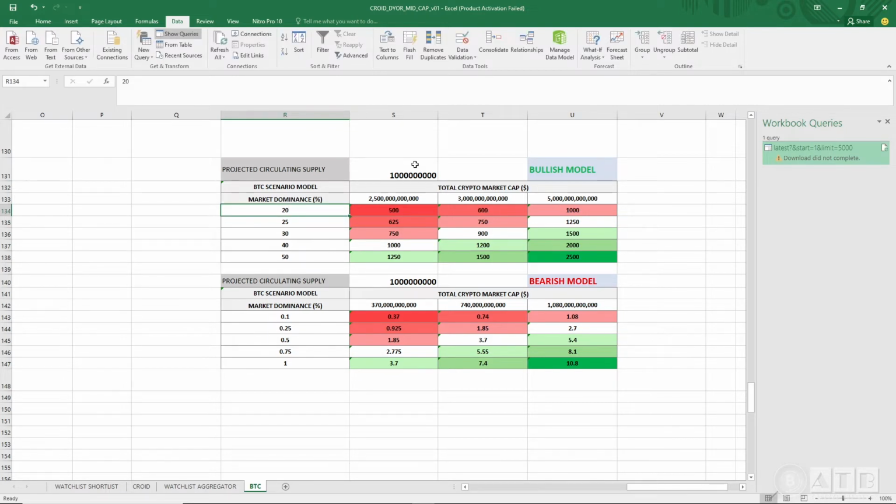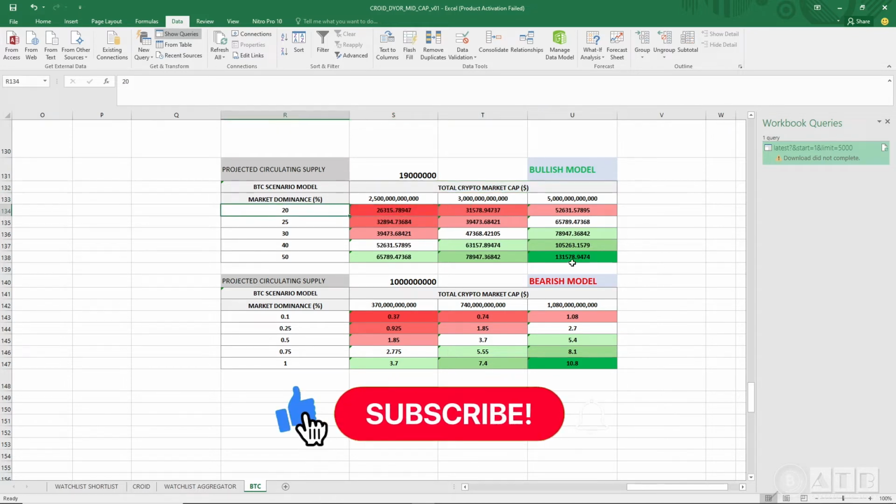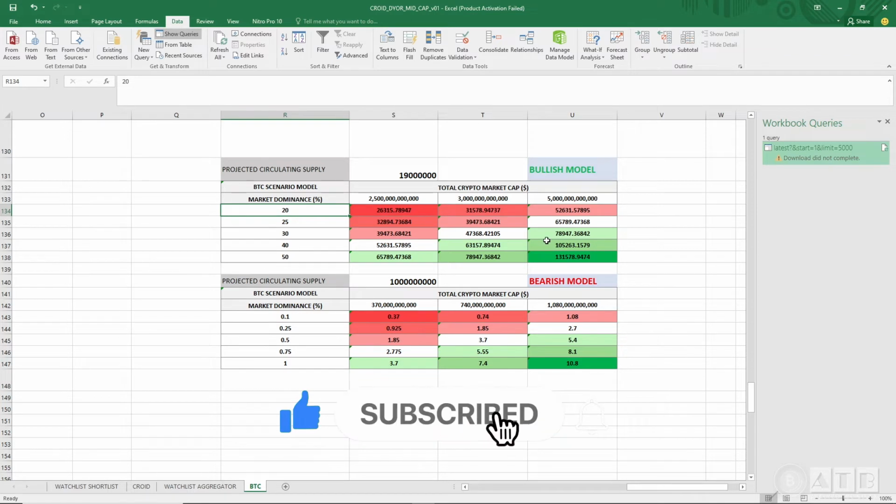Now since we're doing Bitcoin, let me change this to 21 million. This 21 million will not be mine anytime soon, so let me just say 19 million. All right, let's go again.